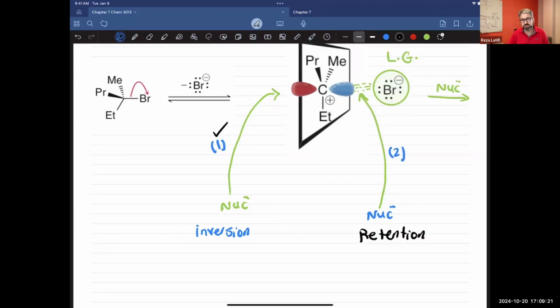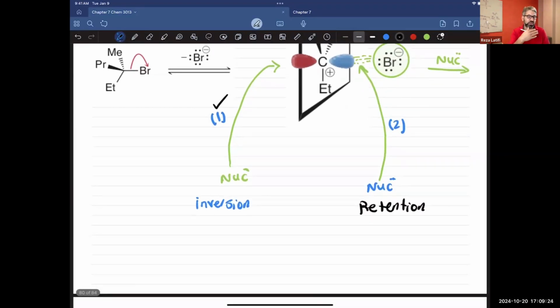So what does it mean? It means the product with the inverted configuration will have a higher percentage. Remember, here we said this one is S, so the percentage of the R is going to be higher than the percentage of the S configuration. That means we're going to have some excess of R. So the observed rotation is not going to be really 100% zero.